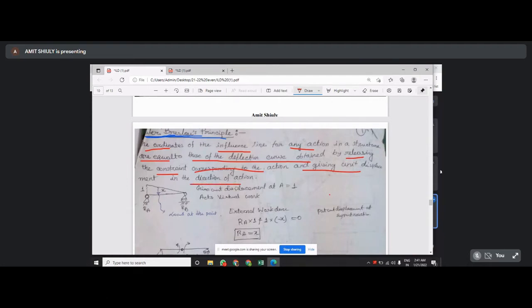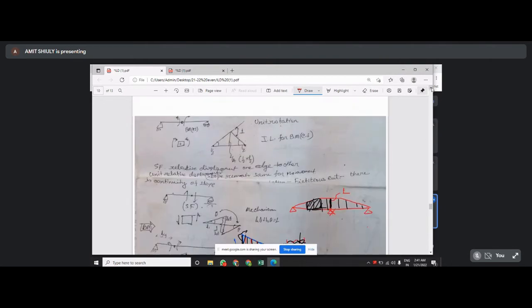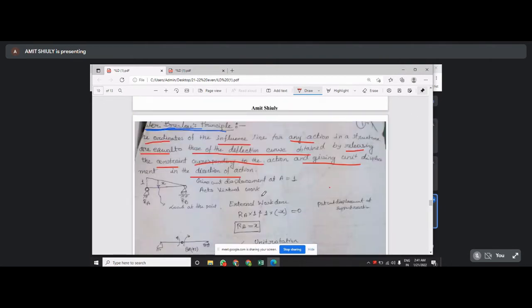According to this definition, suppose you are going to draw the reaction RA. So this is your beam, and you are going to draw the influence line diagram of RA. Naturally, this is RA and this is RB.